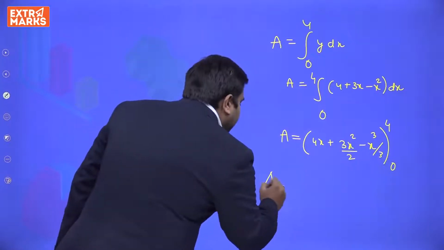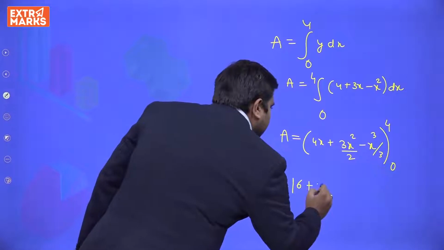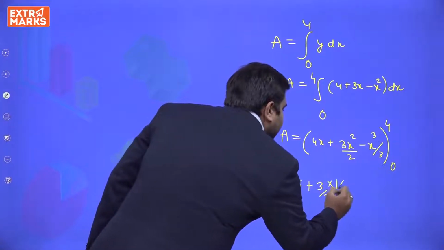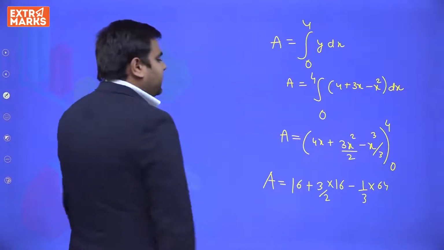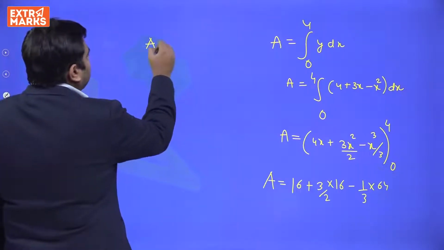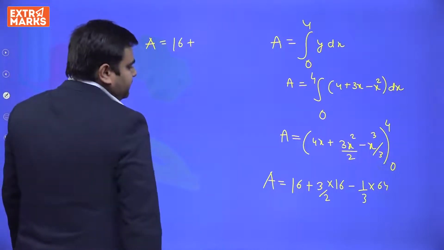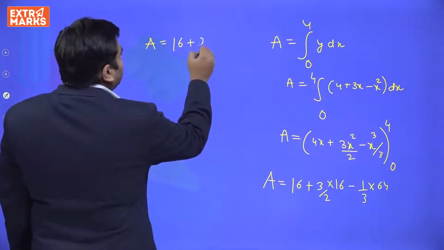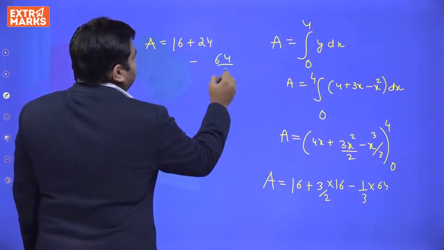So what would be the final answer? The final answer would be 16 plus 3 by 2 into 16 minus 1 by 3 into 64, right? So the final area would come out to be 16 plus 24 minus 64 by 3.